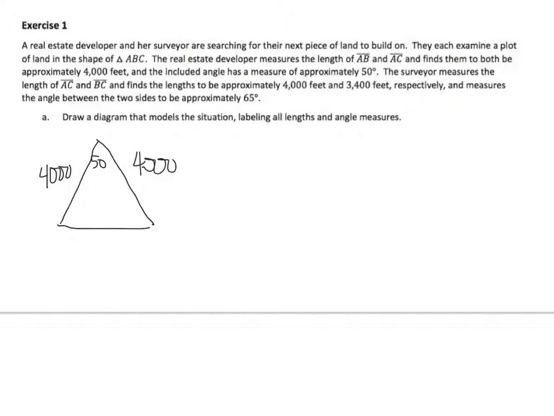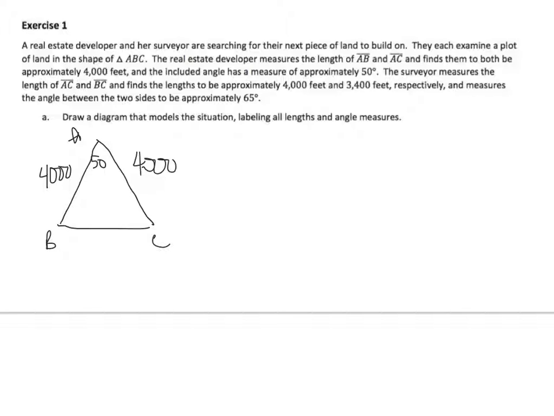The surveyor measures the length of, oh, I should label the sides, sorry, A, B, C. The surveyor measures the length of AC and BC and finds the lengths to be approximately 4,000 feet and 3,400 feet, respectively, and measures the angle between the two sides to be approximately 65 degrees.